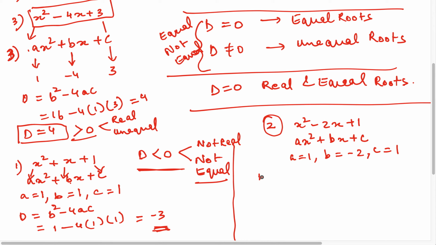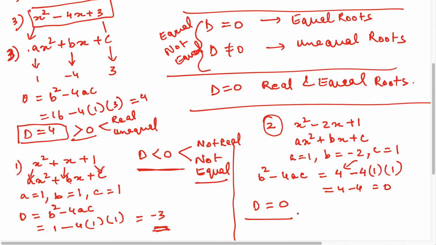So b square minus 4ac is equal to b square, which is 2 square is 4, minus 4 into a, which is 1, into c, which is 1. This becomes 4 minus 4, which is equal to 0. So the value of d is equal to 0. If d is equal to 0, then the roots are real and they are equal.